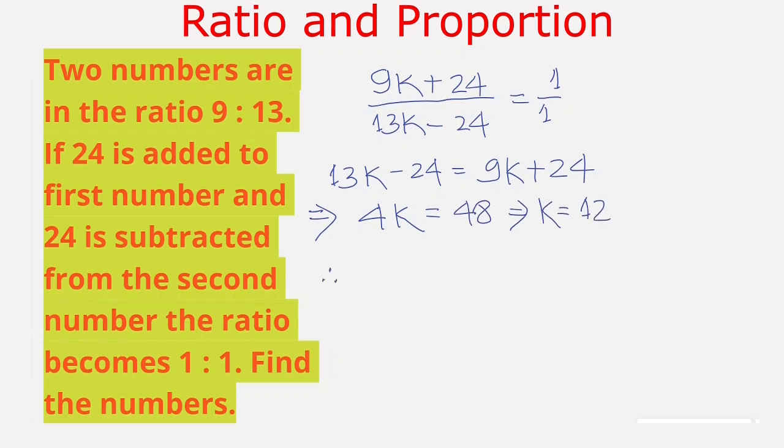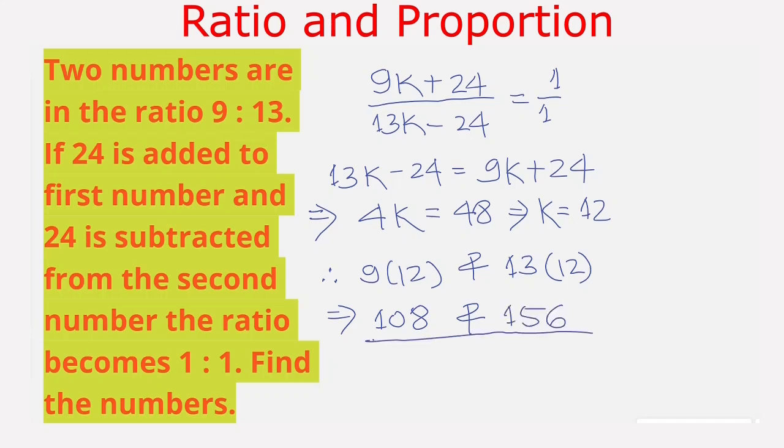Therefore our numbers are 9 multiplied by 12 and 13 multiplied by 12. 12 times 9 equal to 108 and 13 times 12 is 156. Thus our answer is 108 and 156.